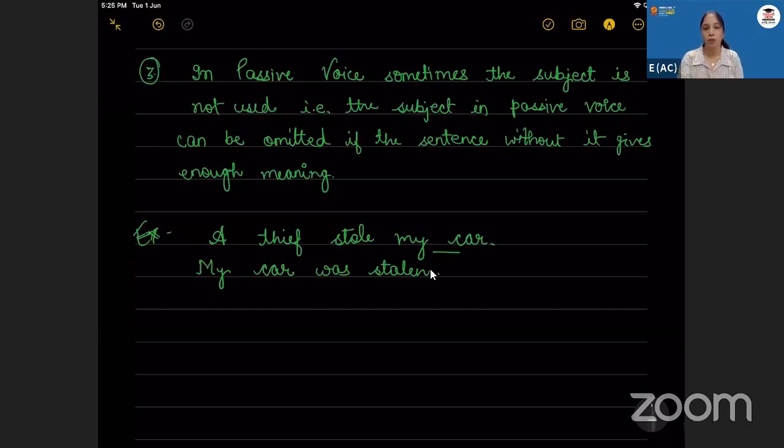This is rule number 3: in passive voice, sometimes the subject is not used. The subject can be omitted if the sentence without it gives enough meaning. Got it now? I hope now it's very clear.